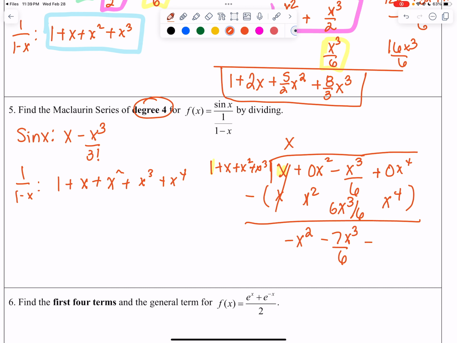And then minus x to the fourth. We're going to repeat this process with negative x squared. And since that's going to be with 1, we're going to have negative x squared right here. I'm going to do that in a different color. Let's see, negative x to the third, then negative x to the fourth.